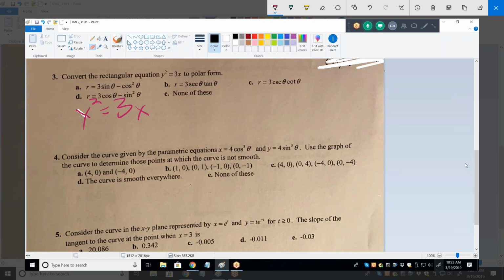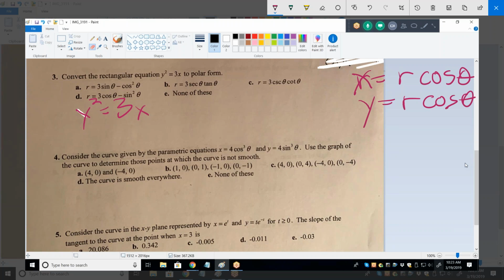So we're going to use the equations r squared equals x squared plus y squared. No, we're not going to use that. We're going to use these, the more common equations you use. I think that's all we need on this one.